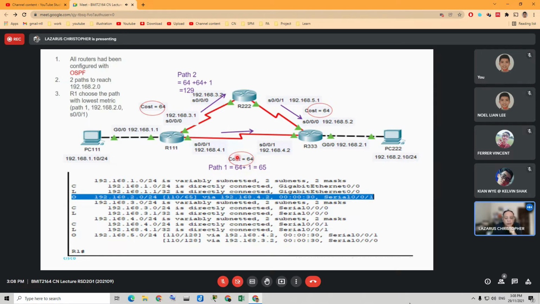If you want that to automatically provide this cost, you use a faster cable or a faster port, for example, or you set a faster bandwidth for the serial cable. You can configure that on the interface. So now it's 64, it's only 65. So even though this one is enabled, this one is higher cost and this one is lower cost. So definitely this will win also, as you can see there.